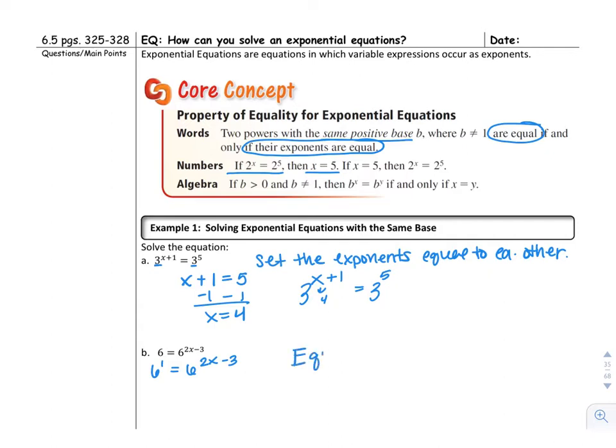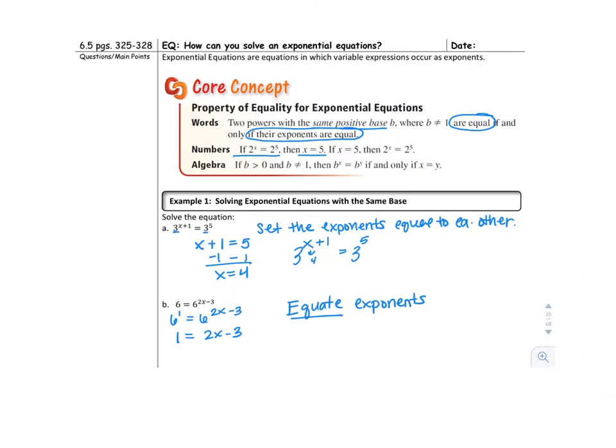That's also called equating the exponents. So this word equate really just means set them equal. Okay, so you have 1 is equal to 2x minus 3, and then you would solve that two-step equation to figure out what x is.